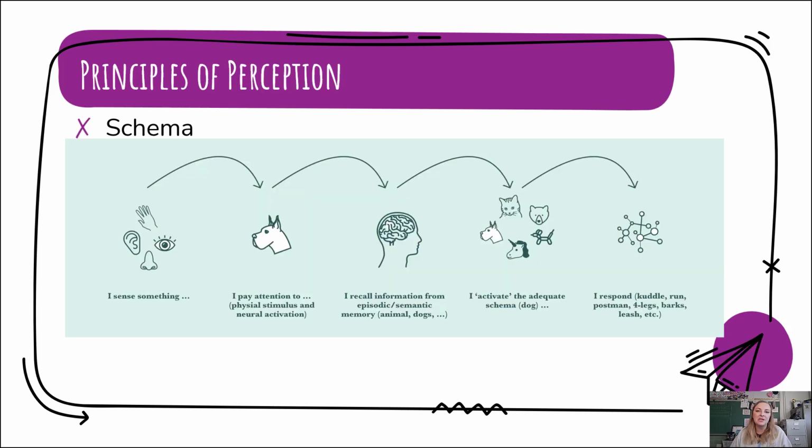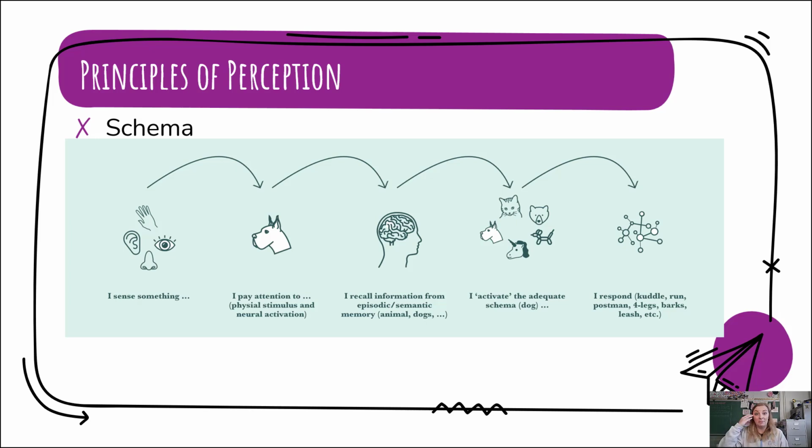The next principle of perception we're going to talk about is schema, and we're going to talk about schema more in depth in our next video. However, just to give you an idea, schema are the characteristics of concepts that help us organize and interpret unfamiliar information. I like to think of schema as mental file folders.